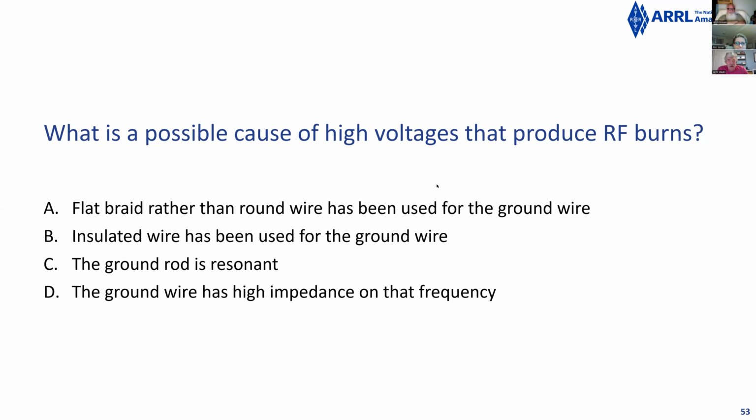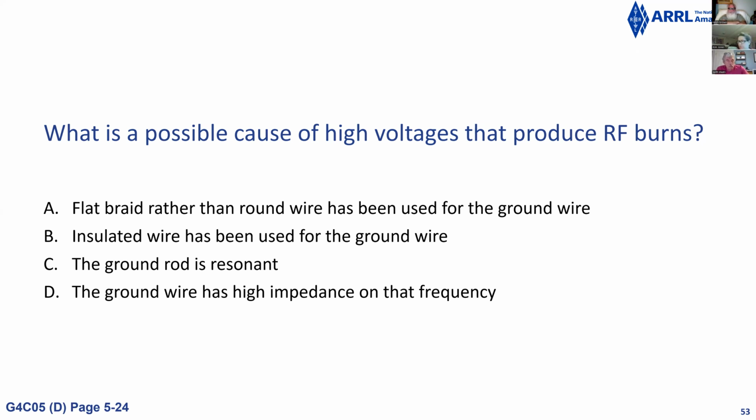I think Christopher is guessing C, but the answer is unfortunately D. Oh, okay. Remember I said resonant? Resonant is the same as having a high impedance or being an open circuit at a particular frequency.